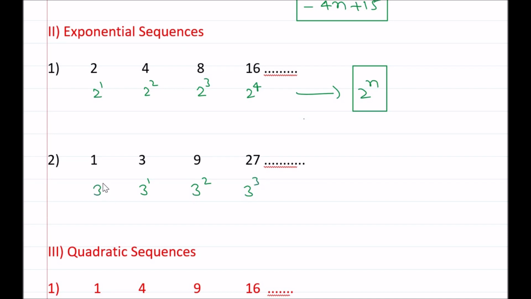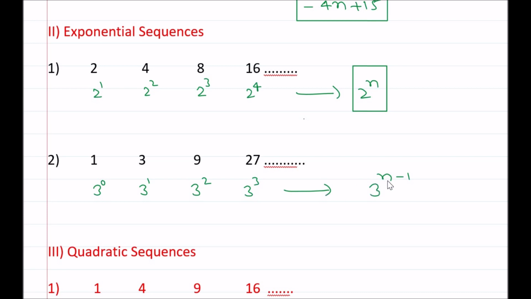Can we write it in terms of 3 power something? 3 power 0, right? In this case, what will be the nth term for this sequence? See, 3 to the power n minus 1, because instead of 3 power 1, we are starting from the previous one. So we are going one step back. So n minus 1.